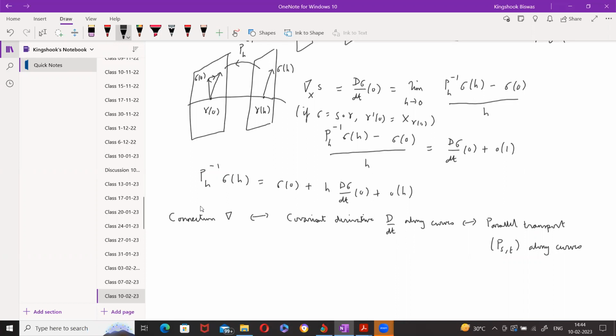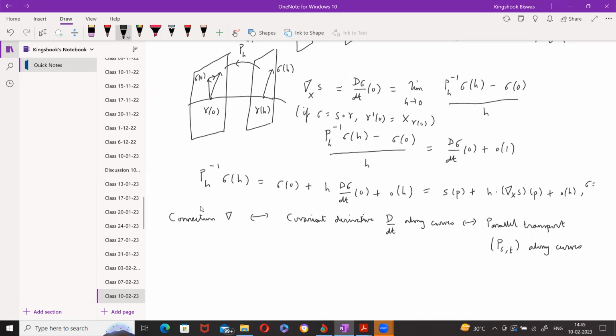So here, if I take sigma of the form some section S restricted to gamma, then this becomes S of P, where P is gamma 0, plus H times nabla_X S at P plus little o of H. Right?